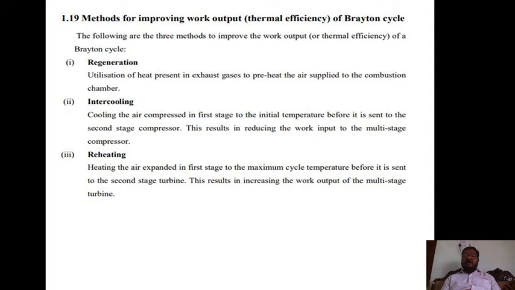Then if you heat the exhaust of the first stage once again to the initial temperature and feed it to the second stage of the turbine, the work output increases. Meanwhile, the efficiency also increases.